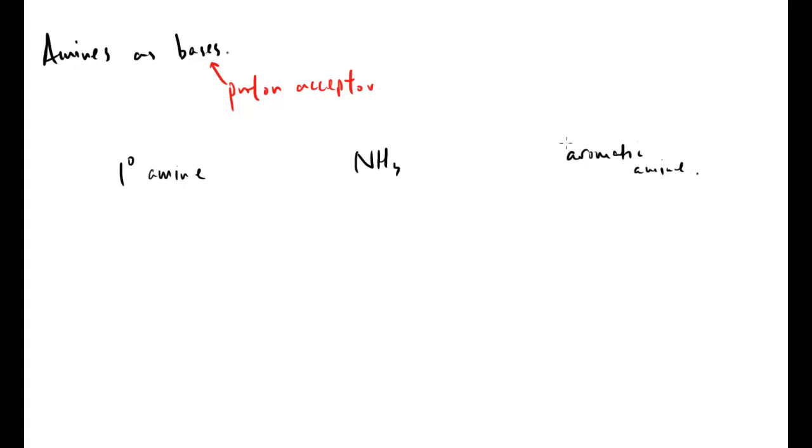If you haven't done aromatic stuff just yet, it's basically a benzene ring attached. So to draw these out, we would have ammonia, drawn out like this for ease. We've got the primary amine, so we'll have methylamine.